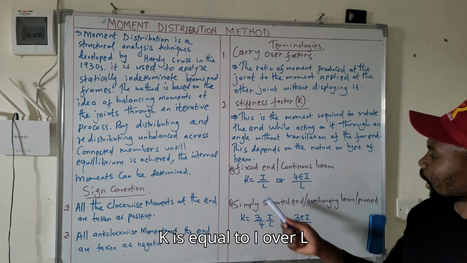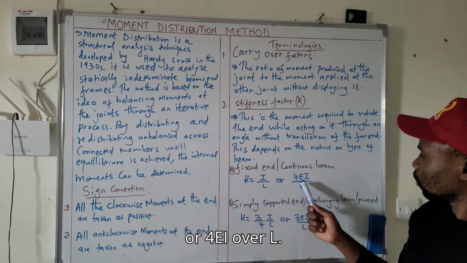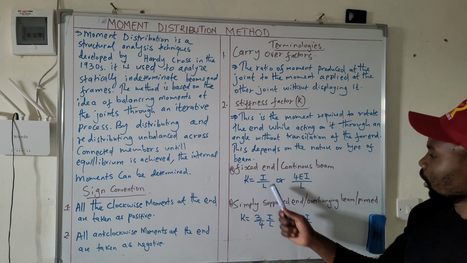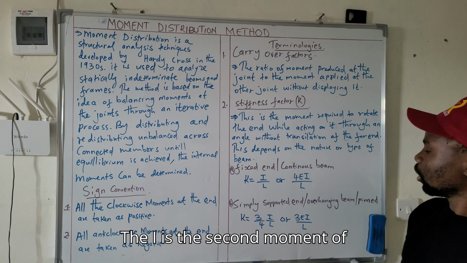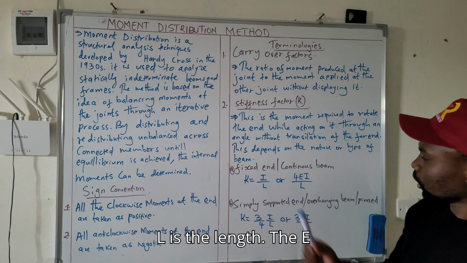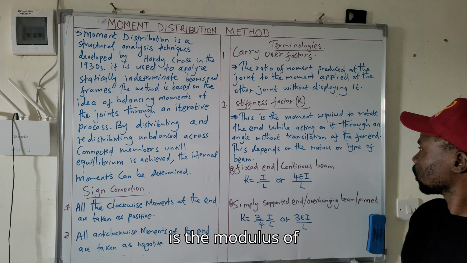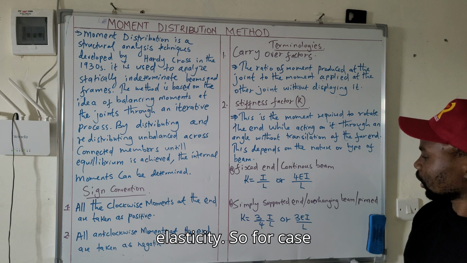For this one, K is equal to I over L, or 4EI over L. The I is the second moment of area or second moment of inertia, the L is the length, and the E is the modulus of elasticity.